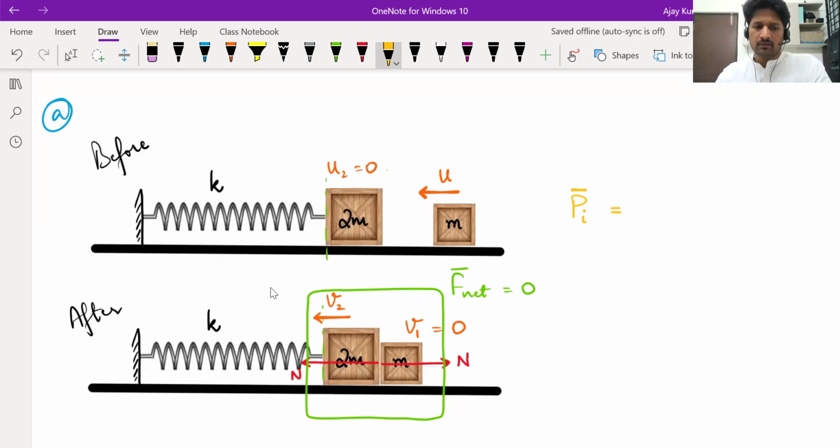Which mass is moving? Before collision, which mass is moving? M, sir. And with what velocity is it moving? U. Which way? To the left. So how will you write initial momentum?